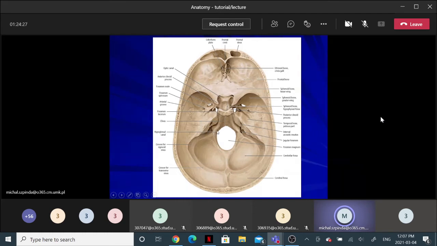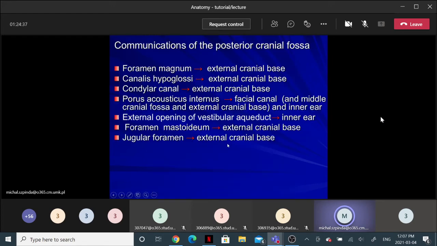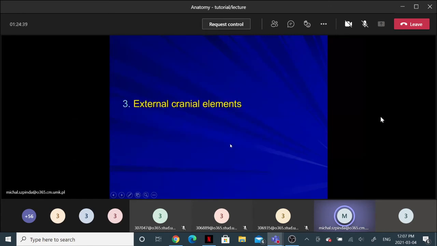And the very last cranial nerve, that is hypoglossal, perforates the lateral part of the occipital bone.